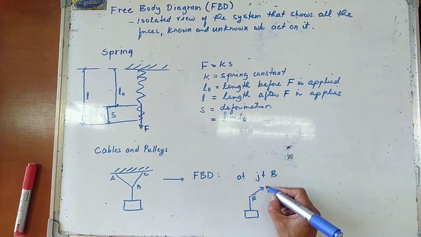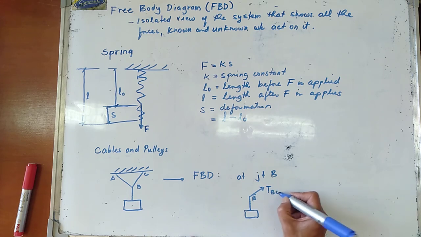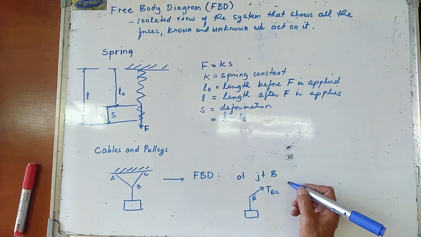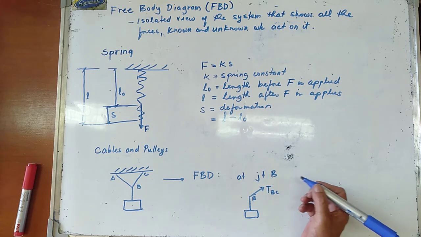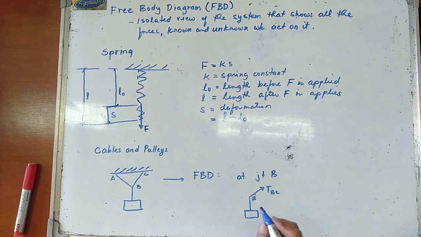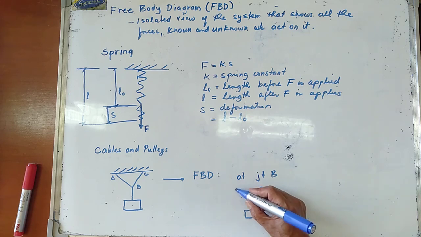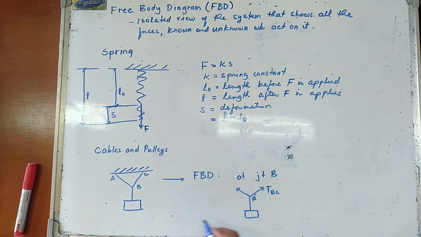This is the tension in BC, as we have told before, that cables can support only a tension or pulling force. And this is the tension in cable AB.